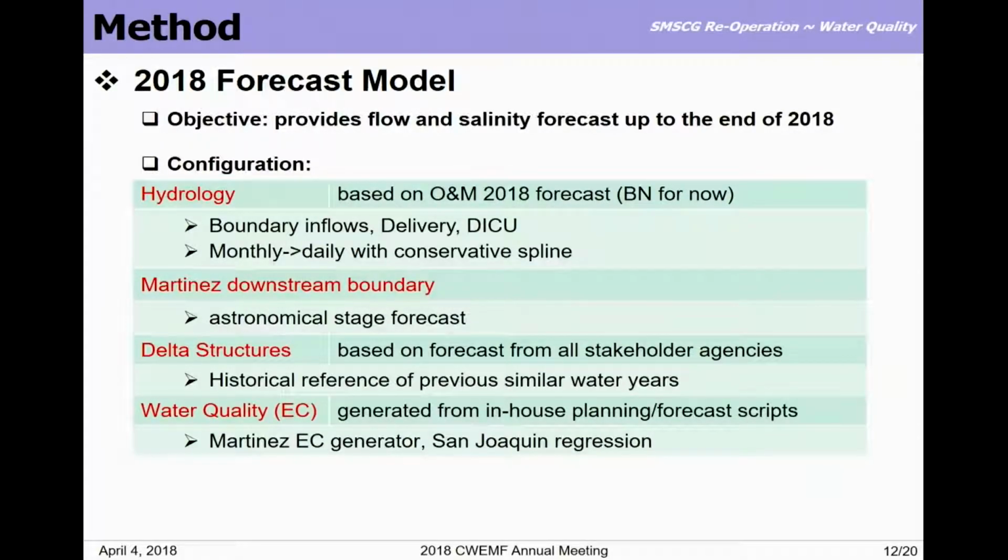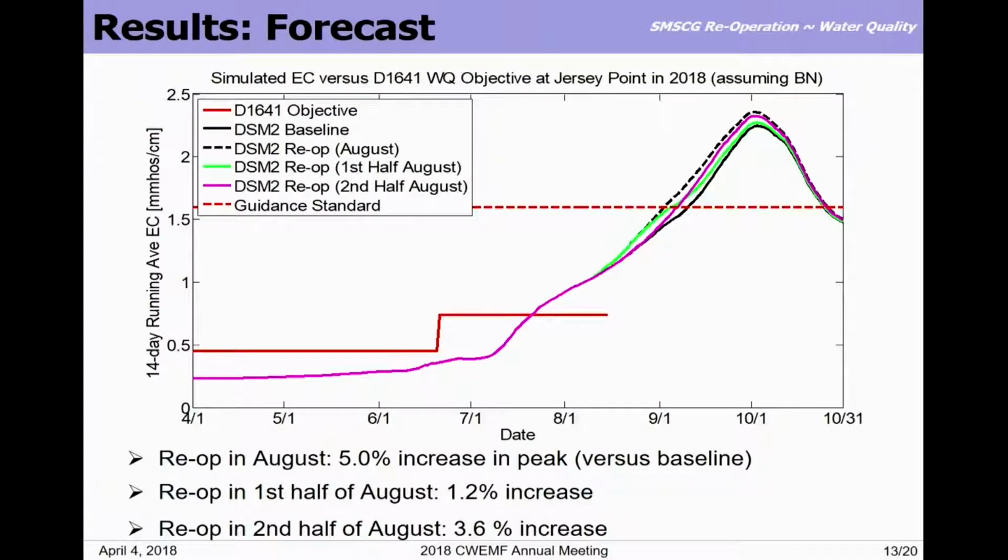I'm not going to go into detail there, and you saw a little bit in Inez's presentation. For the data structure, we got it from the related agency who control these structures, and for the EC boundary, we generate it from our in-house planning scripts. So with this input, what is going to happen is like this.